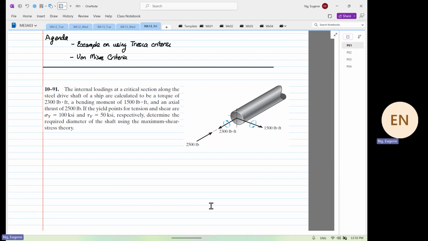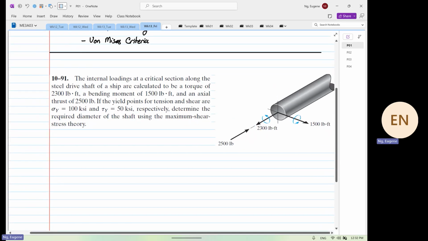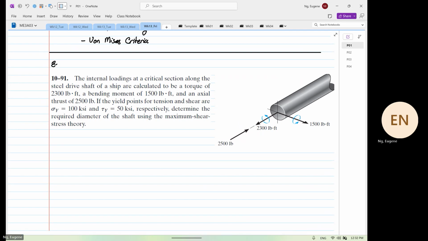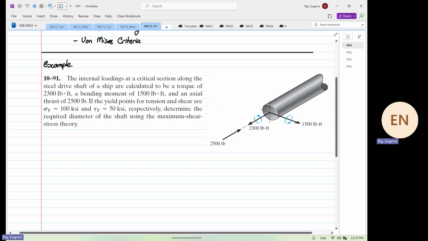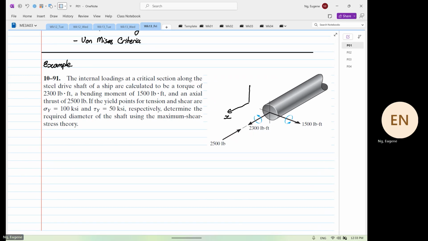So I'll use the same transformation that I had before. This is an example. Whenever you declare, this is your X, this is your Y, and this is your Z. We know the surface of concern is this surface over here.